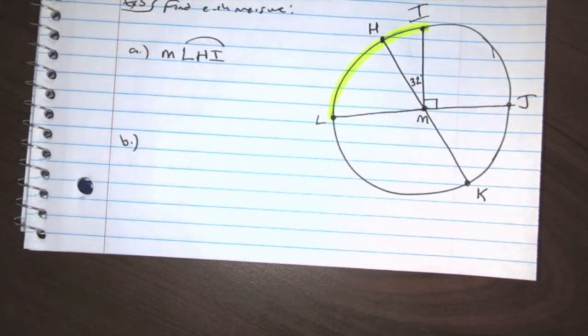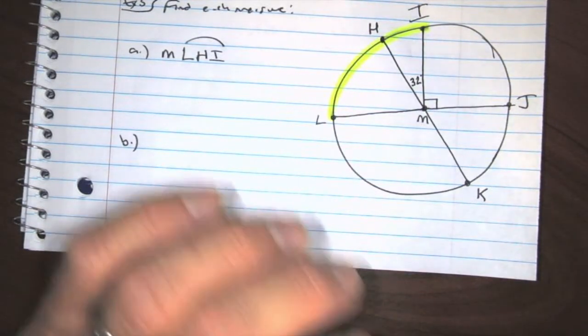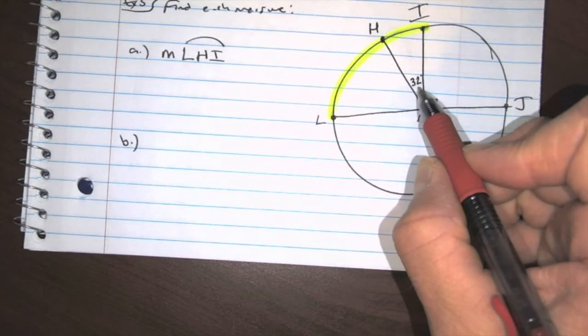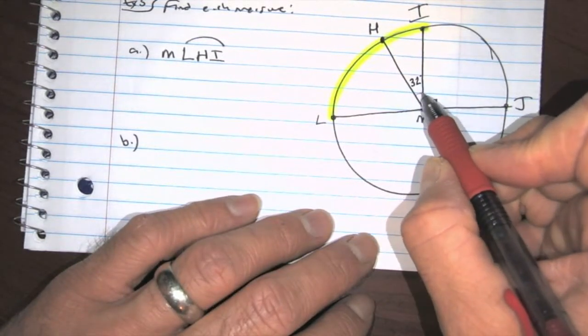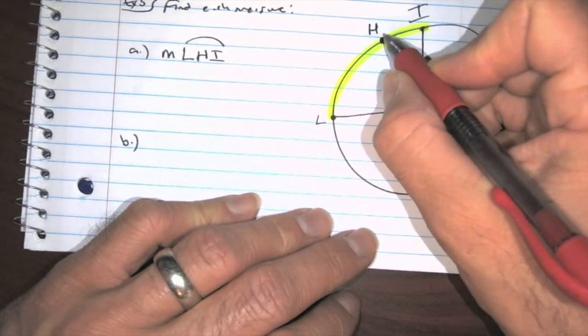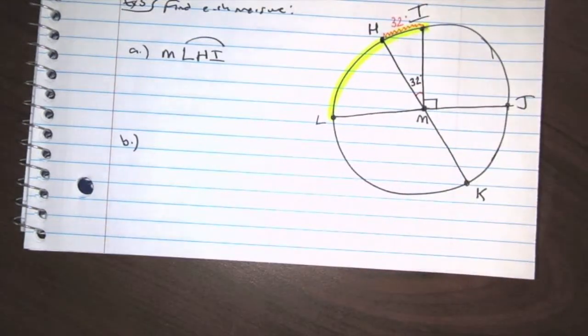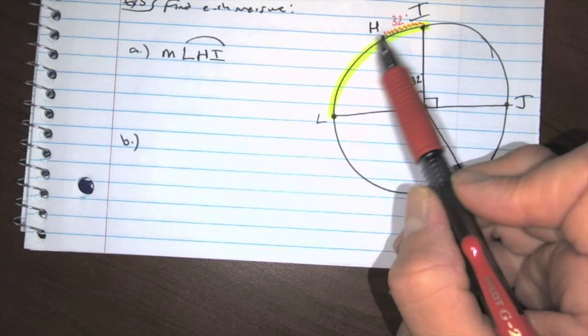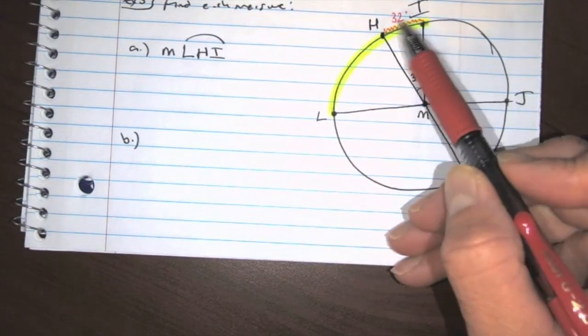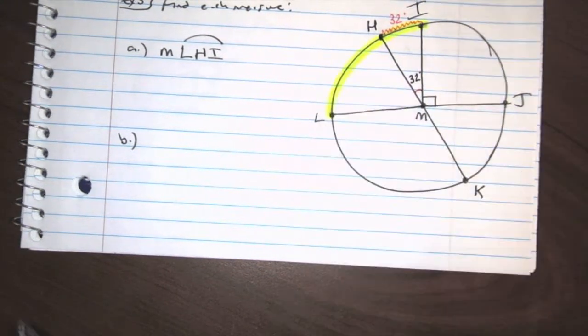Well, let's figure this out. First thing we know is this is 32 degrees, so if that's a central angle, which it is, you know that from here to here is 32 degrees. So I have part of the whole angle that we want, L to H to I, it's 32. I just need to find that.